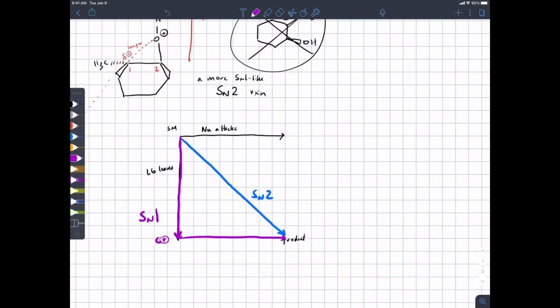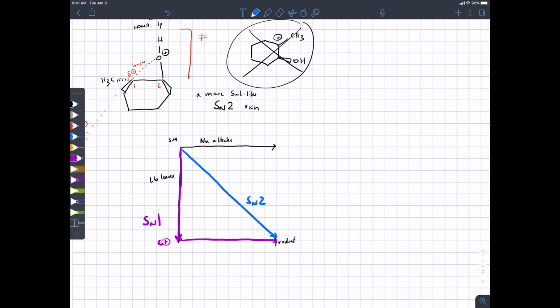What we're saying for opening of epoxides under acidic conditions, imagine that this was the transition state where the leaving group is like 40% gone and the nucleophile is 40% attacked. Imagine just moving that transition state in the direction of leaving group leaves without changing where the nucleophile is.